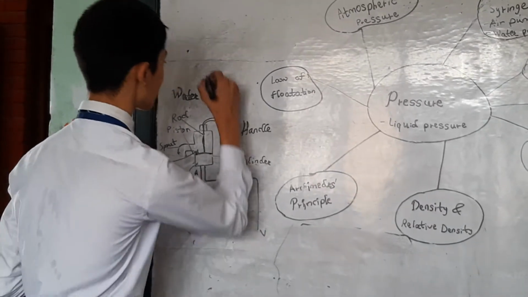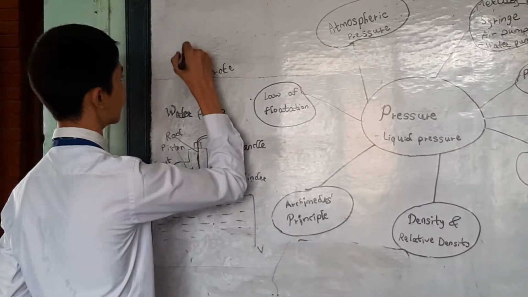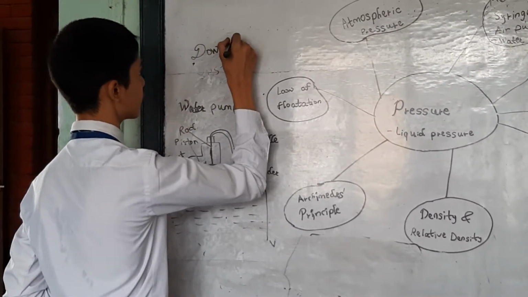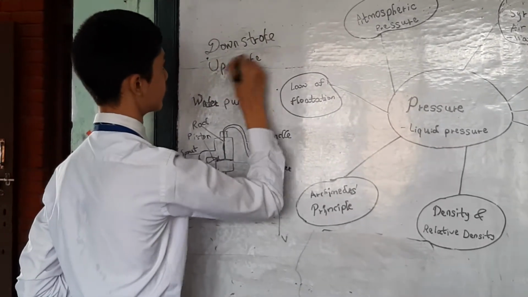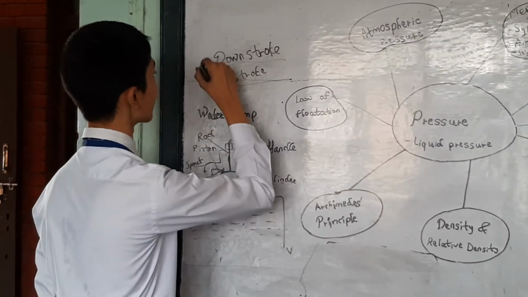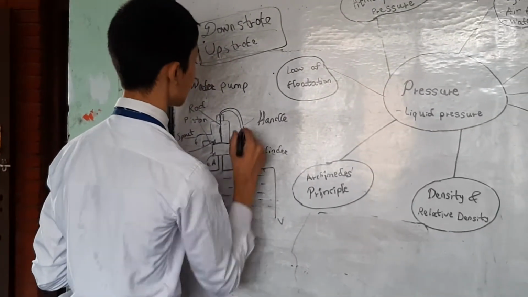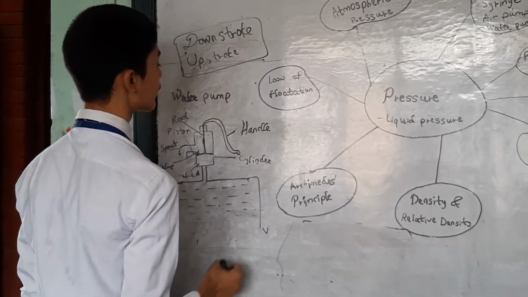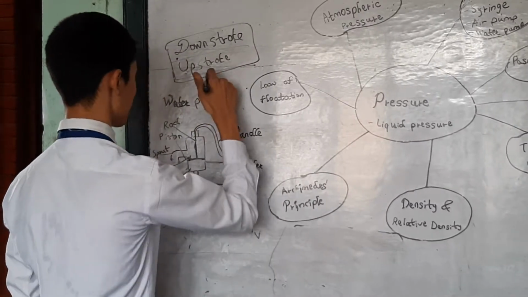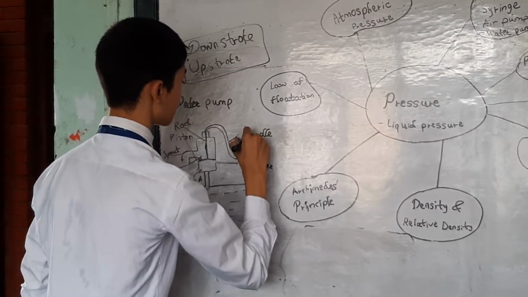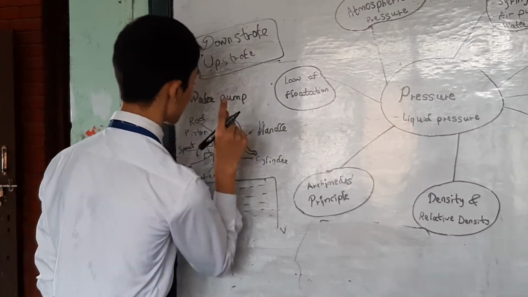They are downstroke and upstroke. Downstroke is the process of lifting the handle up and pushing the piston down, and upstroke is the process of pushing the handle down and pulling the piston up.